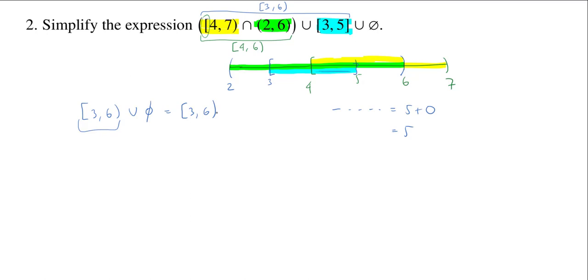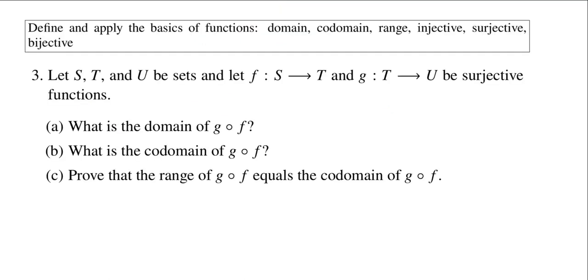All right, let's move on to a new standard and problem 3. So problem 3 is part of our second standard, basics of functions. And we're given 3 sets, S, T, and U, and functions f from S to T, g from T to U, and we're told that these are surjective functions. So if we draw a quick picture here, we have S going to T via f, followed up by g going from T to U, and each of these is a surjective map.